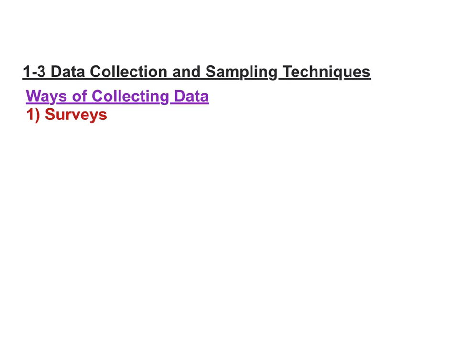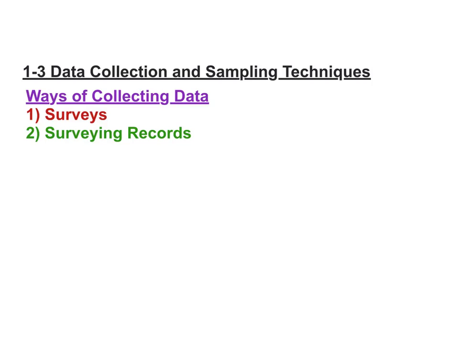Okay, that's one way. Another way is surveying records. Now that means the data is already there, and the researcher is combing through the data and picking out the parts that they're interested in looking at. For example, if I wanted to know how many 11th grade girls there were at the school, I could go through the database and I could do a sort and look at just the number of girls and count it up that way.